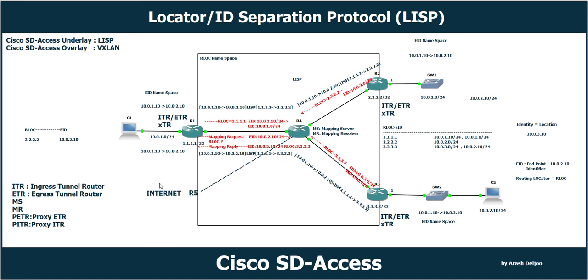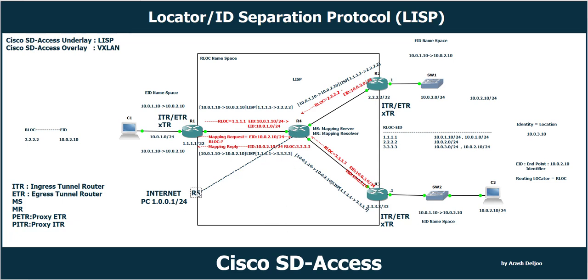You know that in the internet we don't use LISP. For example, in the internet we have a PC or a server with the IP address 1.0.0.1/24, and R5 doesn't register it in LISP. Why? Because this is not a computer from our network, not an IP address from our network. We can't register all of the internet IP addresses into the mapping server.